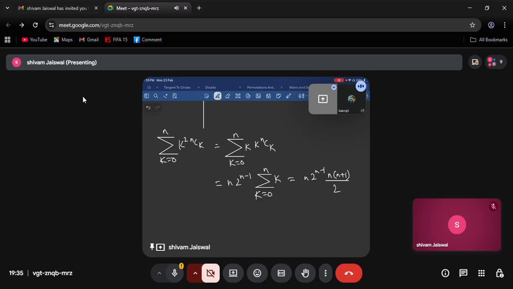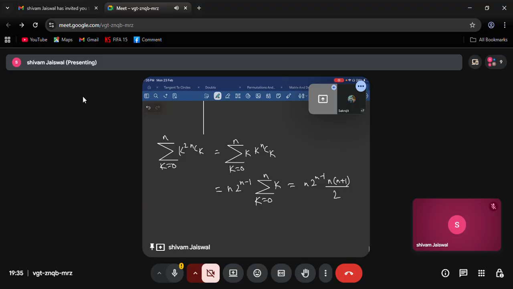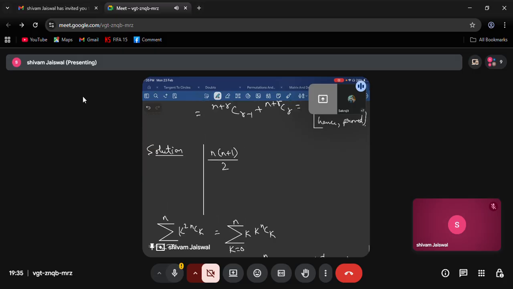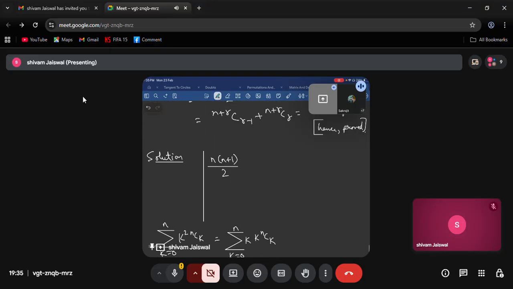Summation of k square into nCk, I have not done it. Wait. n into 2 to the power n minus 1 will come outside. Okay, I think it should be n square only. So it is n square into n plus 1 by 2. Let's see.